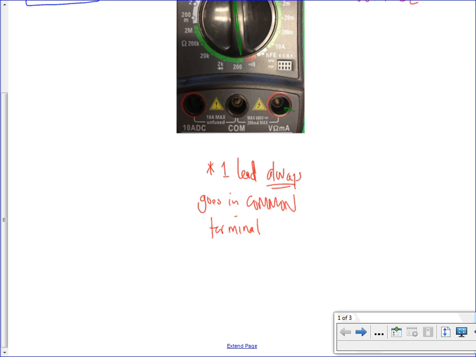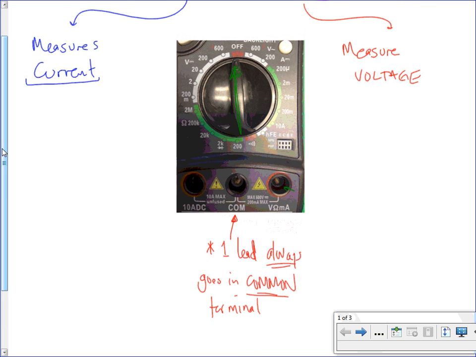No matter what, we always plug one lead into the COM, common terminal. Now where the other lead goes depends on what you want to measure. Notice over here, 10A DC, that's a measure of current. So if we want to measure currents, we plug the other lead into there.